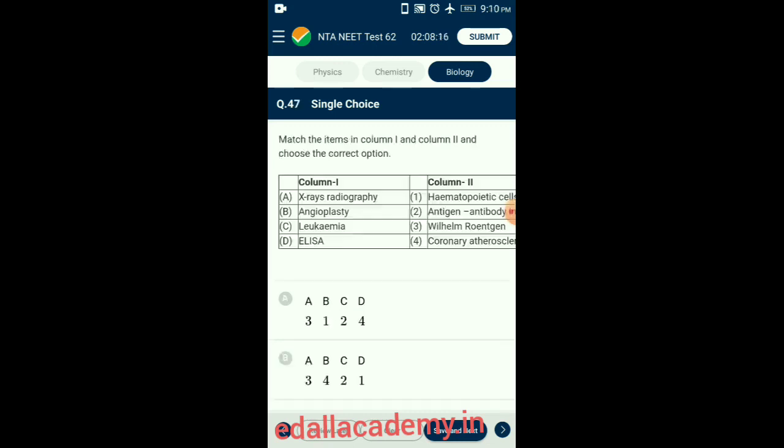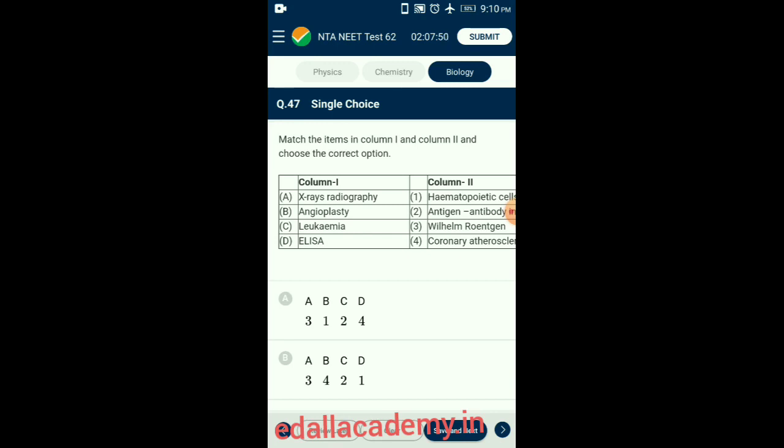Number 47. Match the items in column 1 and column 2 and choose the correct option. Column 1, X-ray radiography, matches with Wilhelm Röntgen. Column 1, angioplasty, from column 2, matches with coronary atherosclerosis.